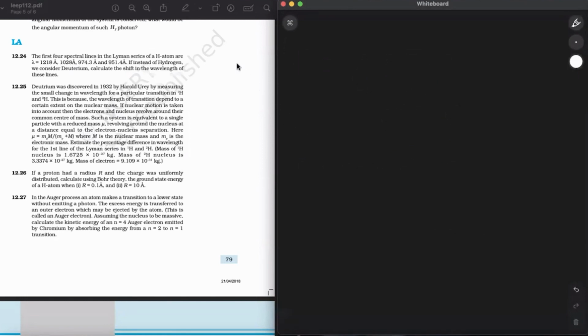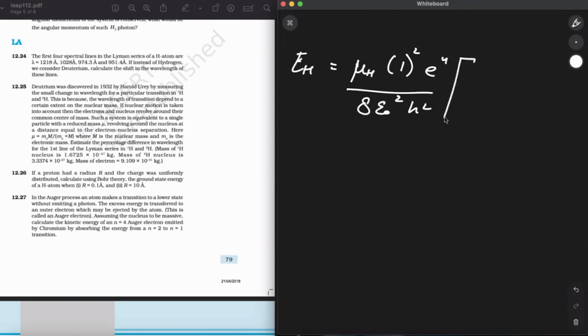Now, if I write for the hydrogen, E_H can be written as mu, the reduced mass of hydrogen, Z squared e^4 over 8 epsilon naught whole squared h squared, times 1 upon n1 squared minus 1 upon n2 squared. I'm taking the difference, so it will be 1 upon 1 squared minus 1 upon 2 squared. So I can write it as 3/4.